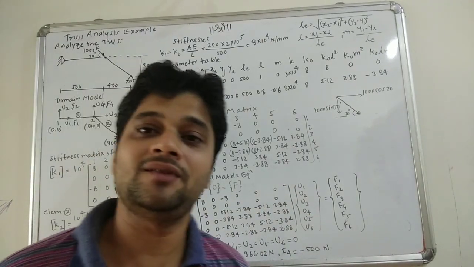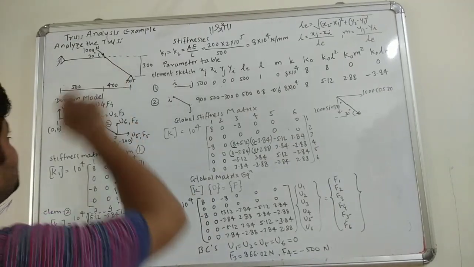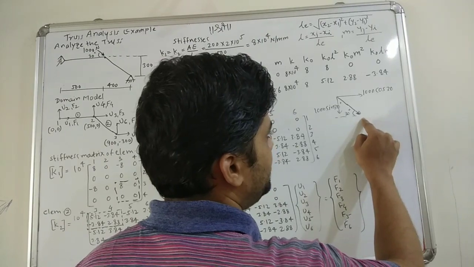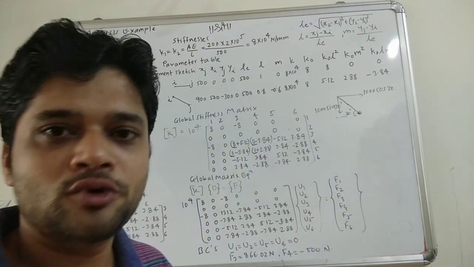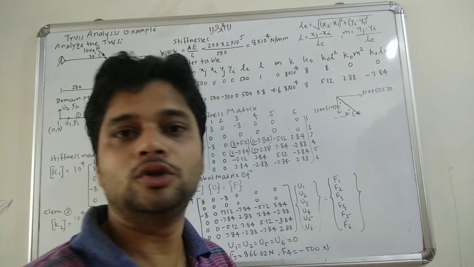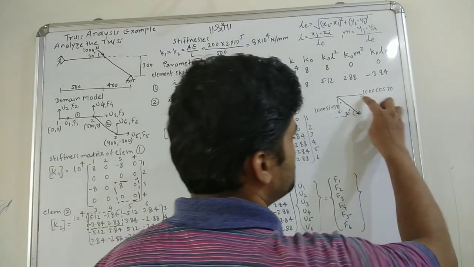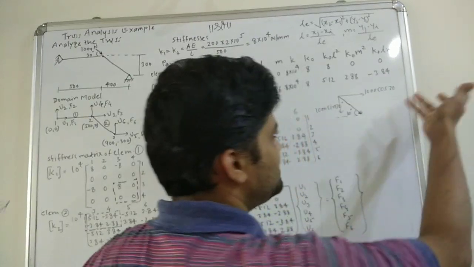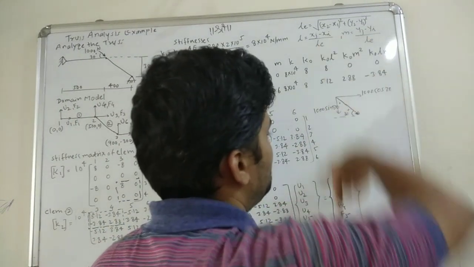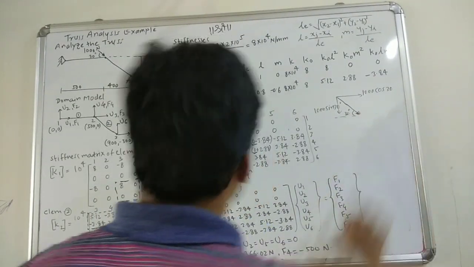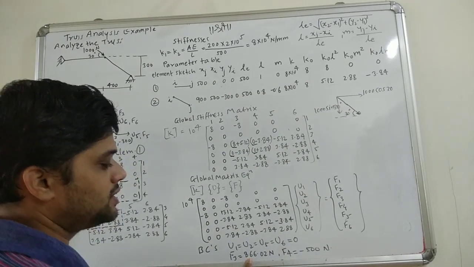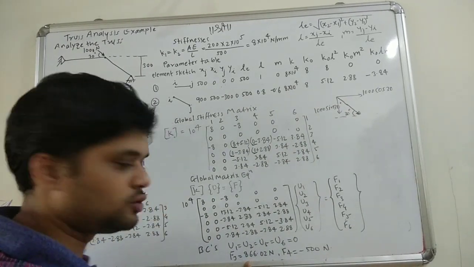Now how am I going to identify the force? The applied force is given at 30 degrees at node 2. The magnitude of that force is 1000 Newton applied at 30 degrees with the horizontal axis at node 2. So I just have to resolve this force: 1000 cos 30, 1000 sin 30. 1000 cos 30 is F3, and the value comes out to be 866.02 Newton.